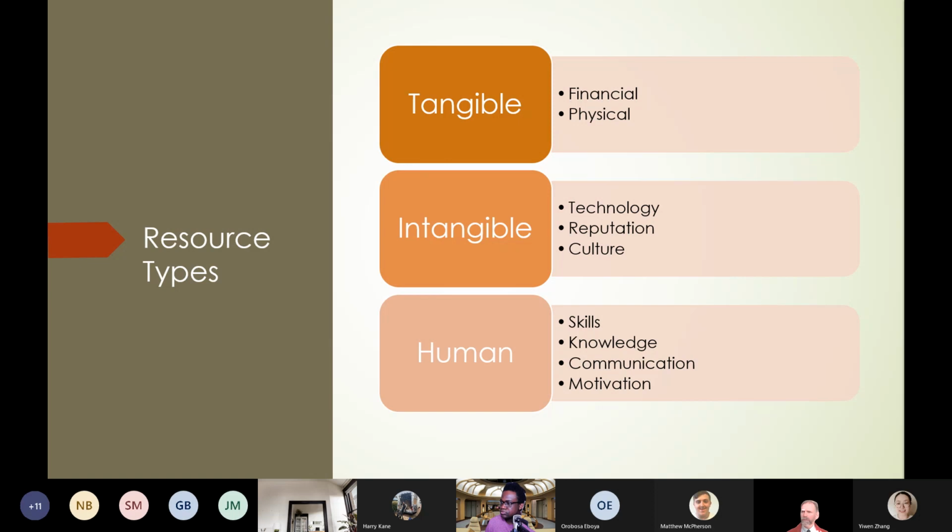There are other types of intangible resource. Do people trust you? Do people trust you enough to actually come to your business and pay money? Do you have a reputation? Or do people look at you and go, maybe not? Our case study is a hotel.